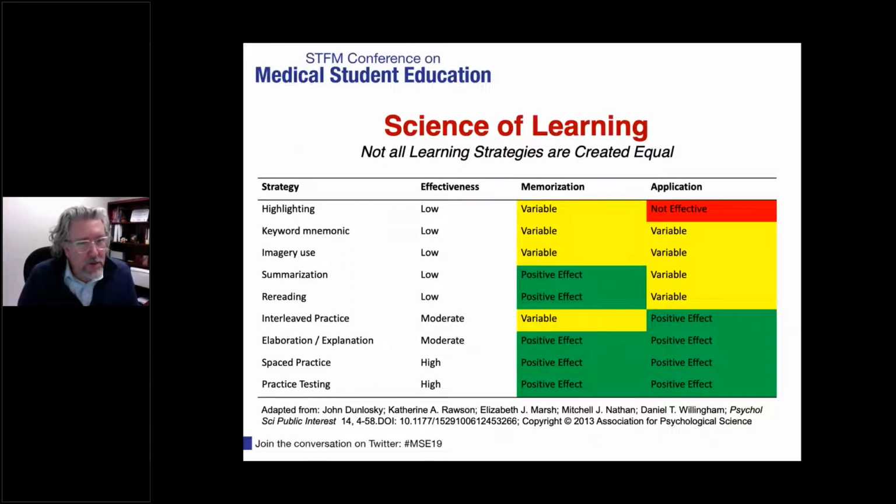And it turns out those who said highlighting was not effective wins the prize. What I think is interesting about highlighting, it's not just that it might not be effective, but that they were unable to find a single study demonstrating highlighting improving performance on application-related questions.